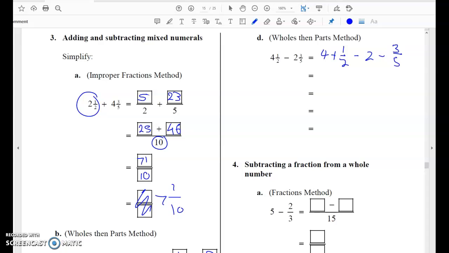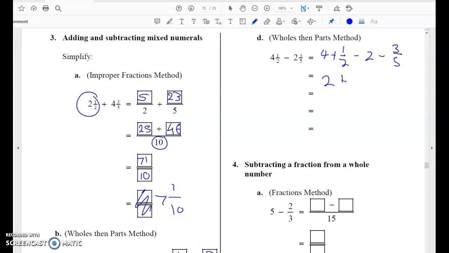So we've got 4 minus 2, which gives us 2 wholes, and then we've got also a half minus 3/5.